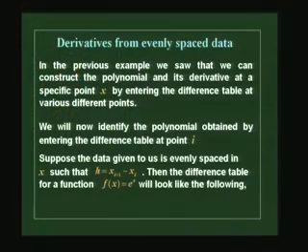So now we look at the case where we have derivatives from evenly spaced data, that is, all the data points xi plus 1 minus xi are at equal distance, and we call that distance h. So h is the distance between any two data points of this evenly spaced data. We will do this with a specific example, the function f of x equal to e to the power of x, whose derivative we know very well.